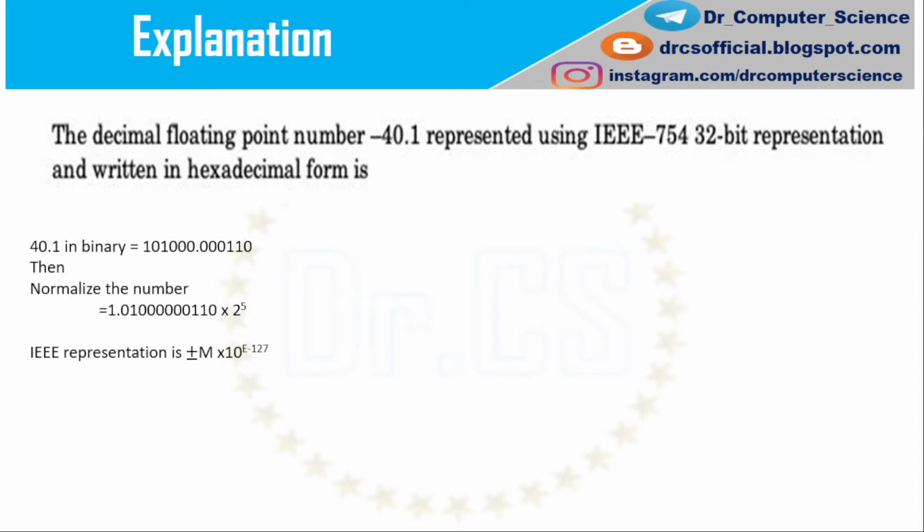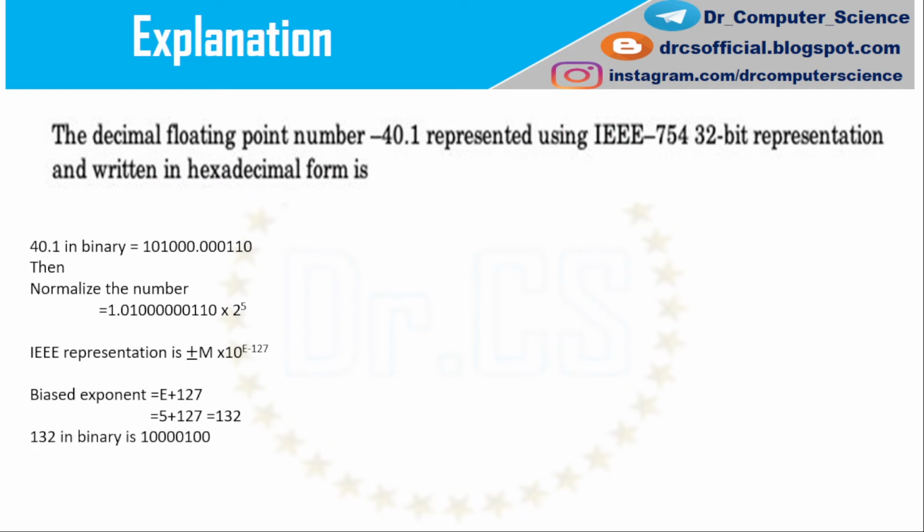The IEEE representation is plus or minus M times 2 power E minus 127. M means mantissa. The biased exponent is E plus 127. So here the 2 power 5 gives the exponent, so 5 plus 127 equals 132.